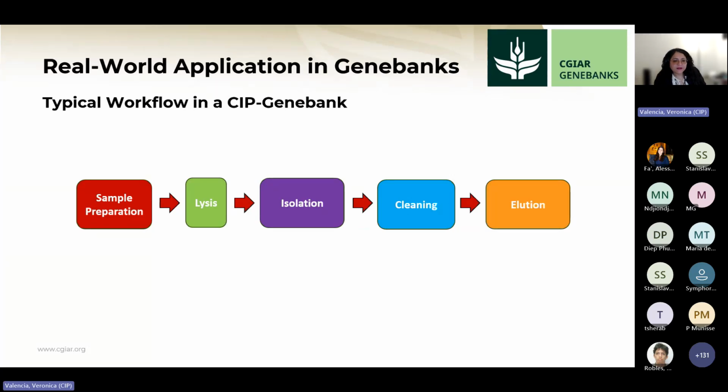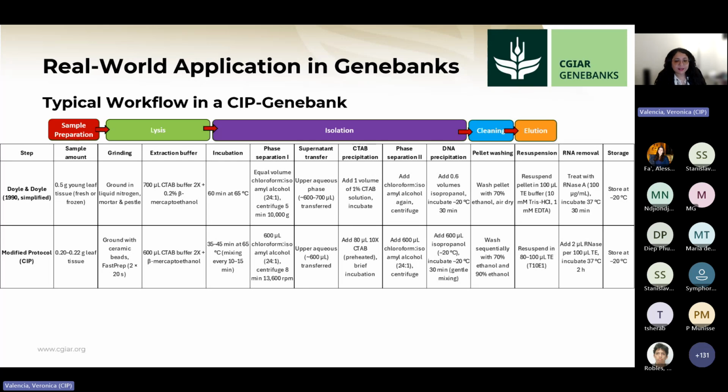So starting there, we need to remind ourselves what the 5 main steps of a DNA extraction are. We have the sample preparation, the lysis. After that, we have isolation, the cleaning, and dilution. Right? I don't know if you can see it, it's tiny, but I put a table. In the first part, I am showing how this process is in Doyle and Doyle 1990, and how we modified it, this is an example for sweet potato.